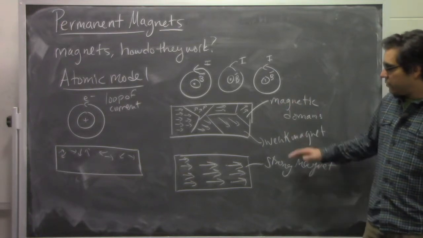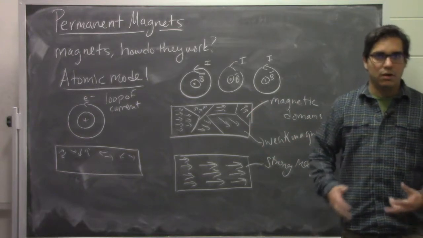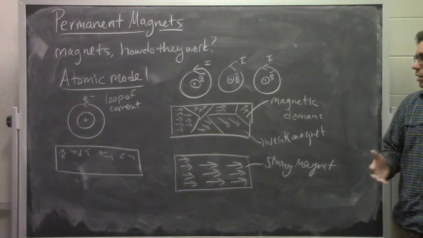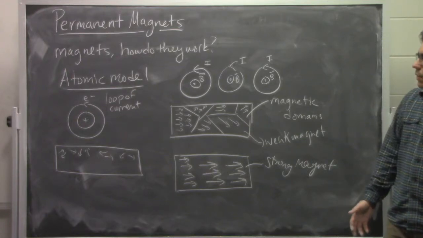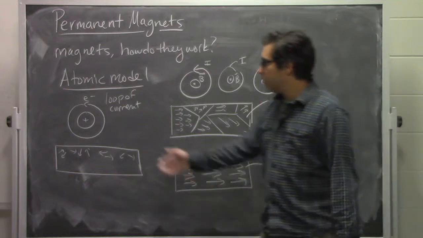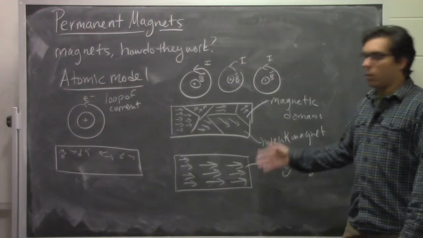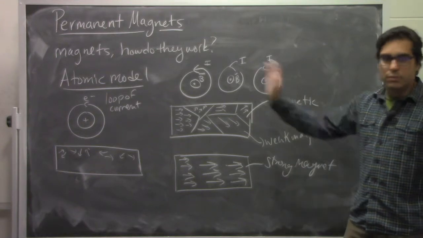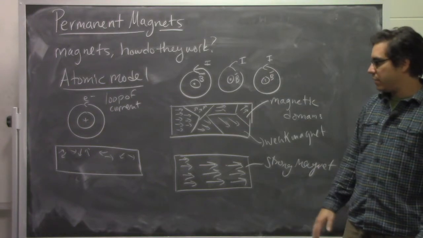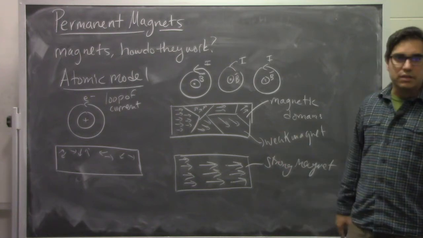And so the difference between no magnetization, weak magnetization, and strong magnetization are all a result of how well aligned these things are. So that's one model for how permanent magnets work. It's a classical model. It uses this idea that we know to be wrong, this loop of current, but it does give us qualitatively what we would expect to see, that there are some materials for which there are no magnetic interactions, and there's other ones that have very strong ones. And it relies on this idea of the magnetic domain.